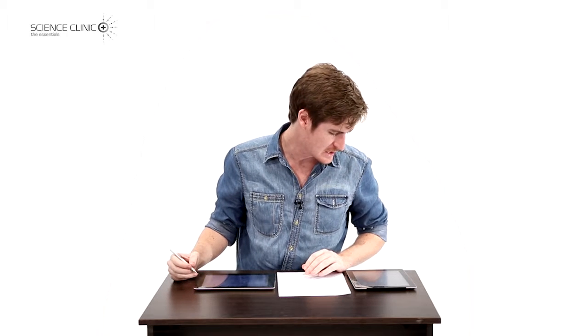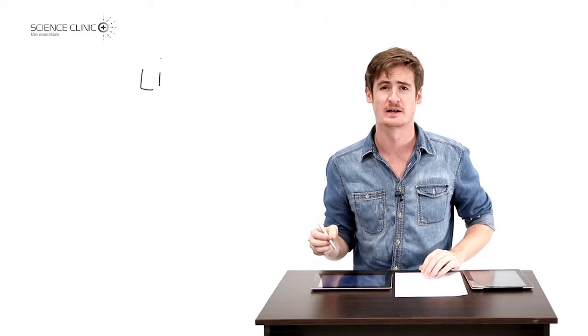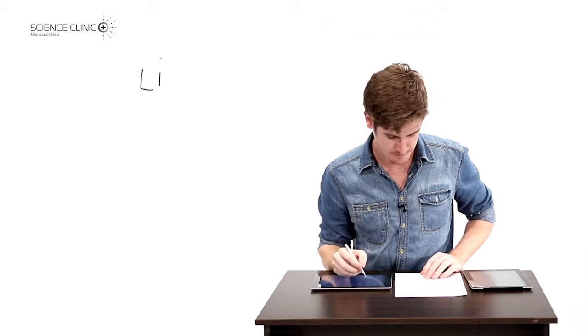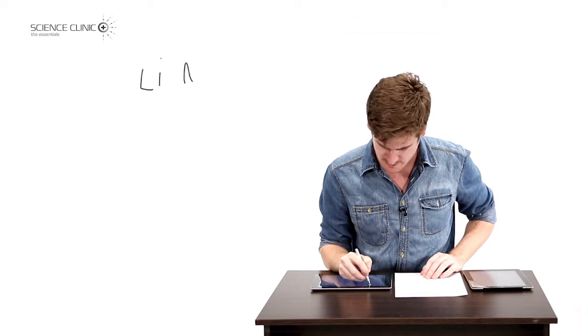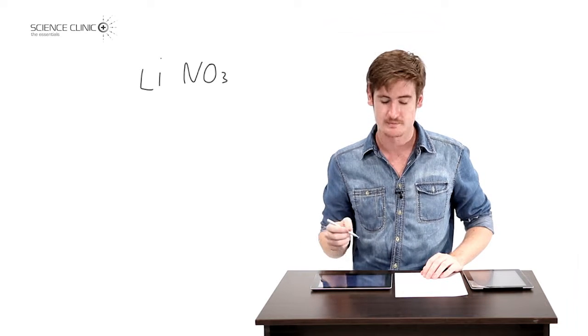We're going to now start looking at providing formulas for given names. Our first name is lithium nitrate. We know that lithium is given by Li, and our nitrate is NO3.